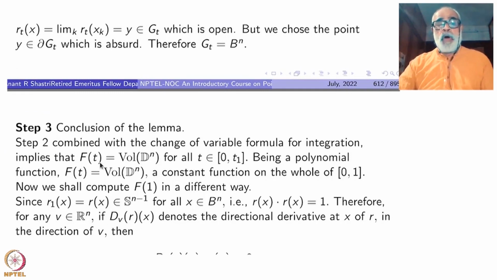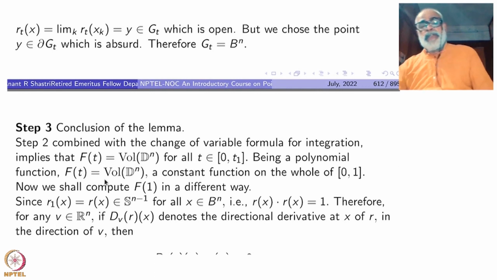So the volume of ft inside 0 to t1 is the volume of the Dn given by ft, but that's a constant. So what is the meaning of this one? In this non-trivial, positive interval, a polynomial function is a constant.